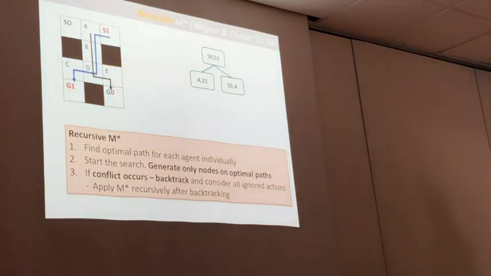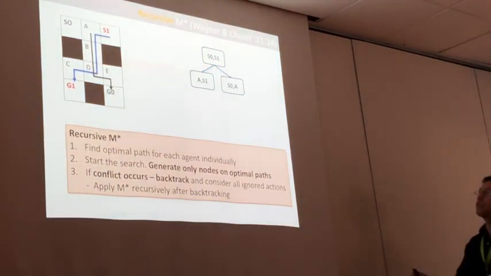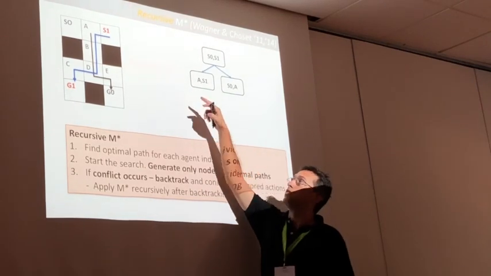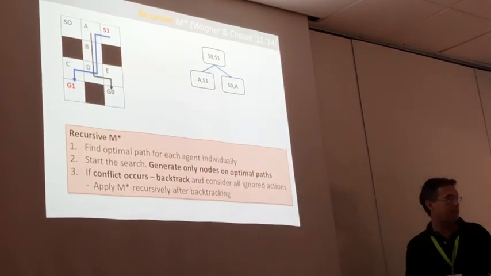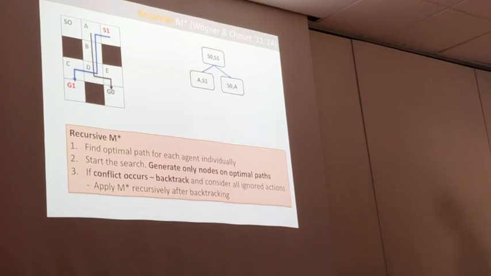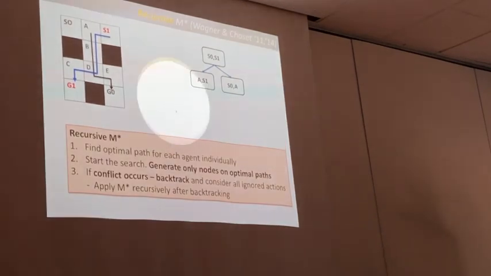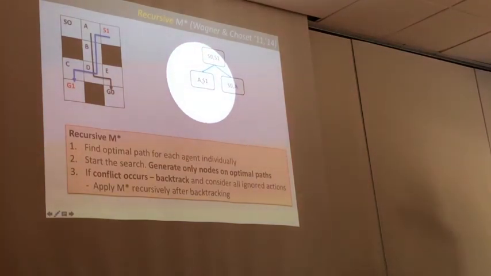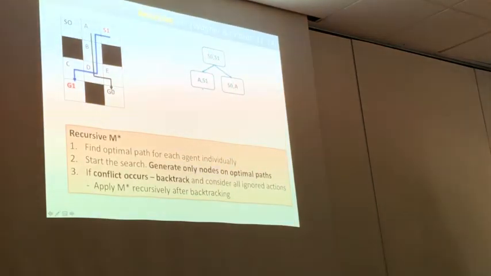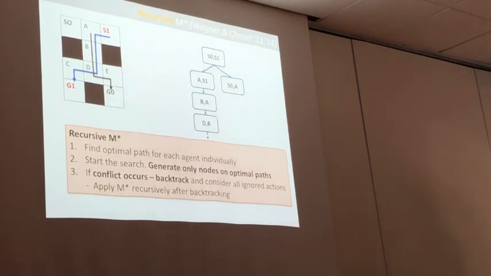So in this example, what is the optimal path for agent 1 from A? Now it's this path, right? And then going downward from that state, we will only generate nodes according to the optimal path for each agent. Okay, so in this case, take us straight to the goal.